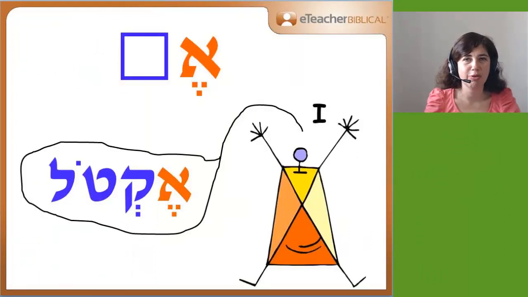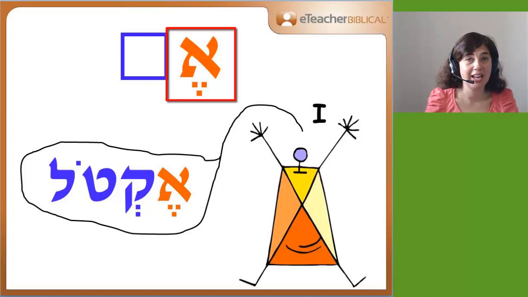So I leave it for you, and now the last prefix letter, which is the aleph. The aleph is the only one which doesn't sound like i, like niktol, tiktol, yiktol. This sound is different, it is an e.